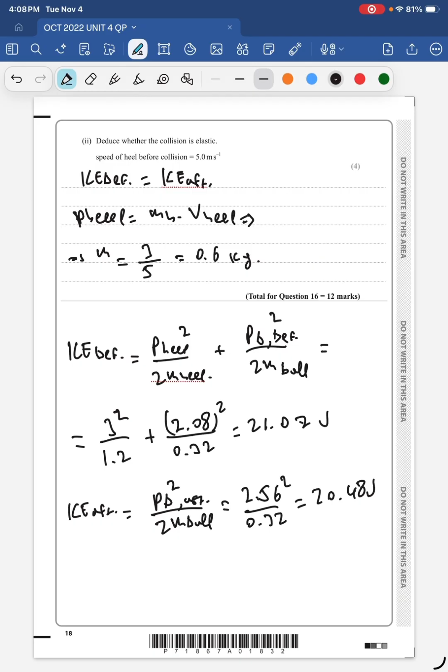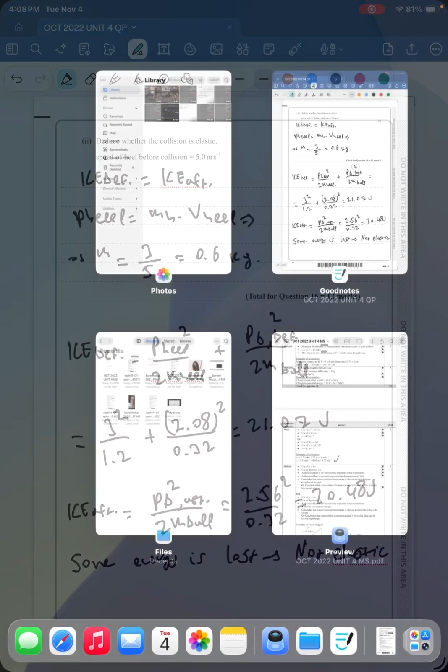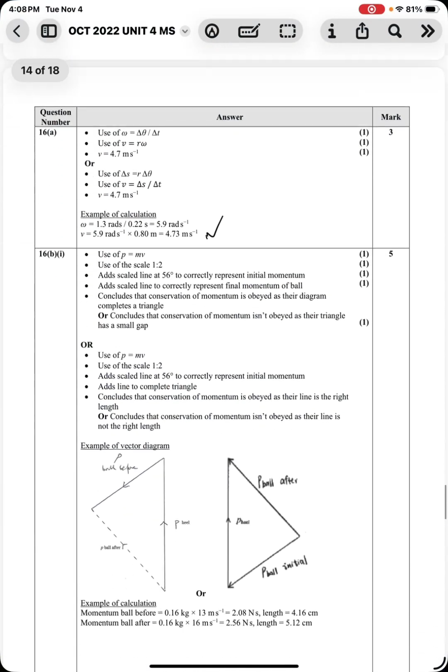So pretty much 0.5 joules are lost. So the collision is not strictly elastic. Some energy is lost, so not elastic. But let's check the mark scheme. So let's see.